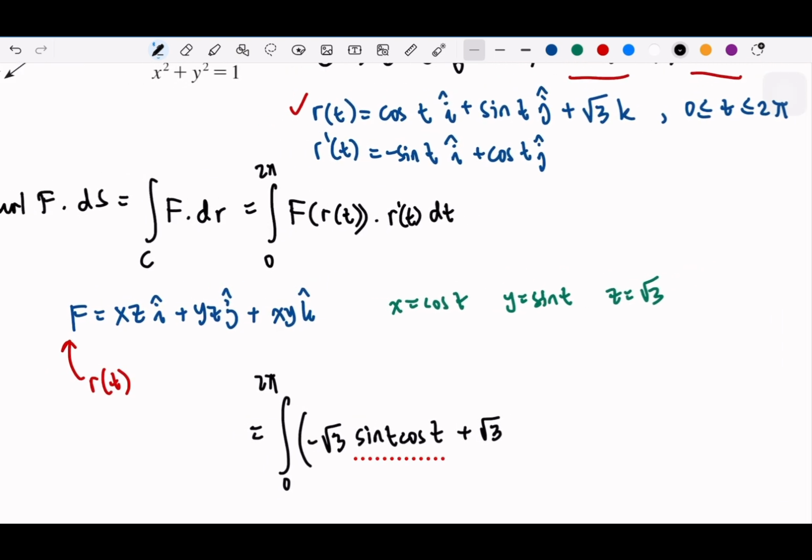Since the dot product only has two components for r prime, the k or z component will be 0, so we only need the first two components. So we have sine t cosine t terms, and they are going to cancel each other, so this will give you 0.